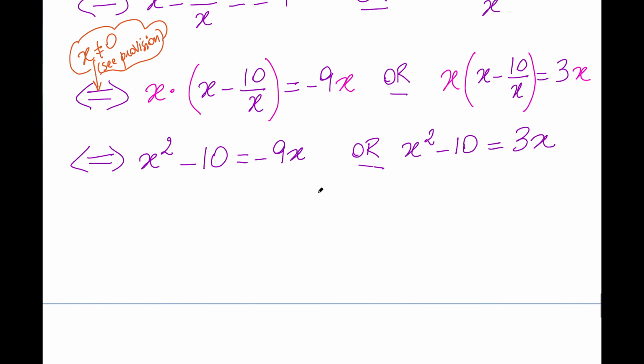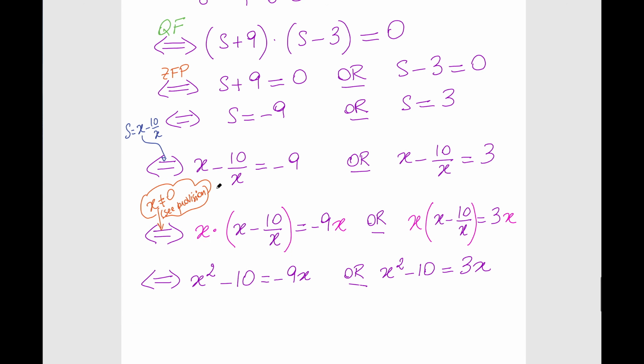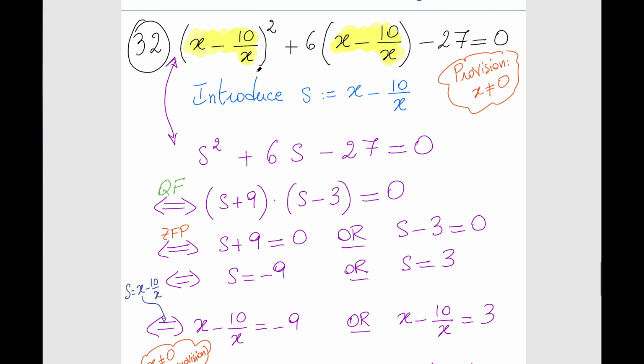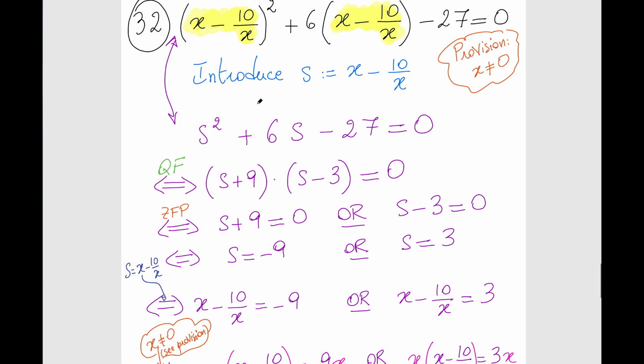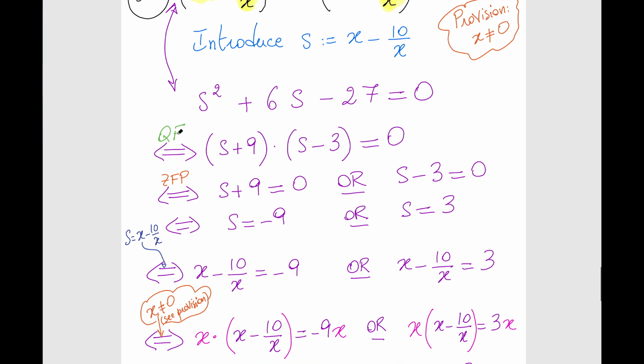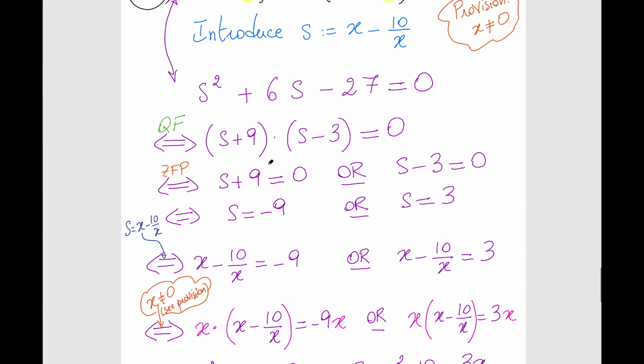Okay, so each one of these looks quadratic. It's weird. The whole thing was quadratic in form. We managed to find a good substitution, a new letter, to turn the initial equation into a quadratic, and then we solved for it.